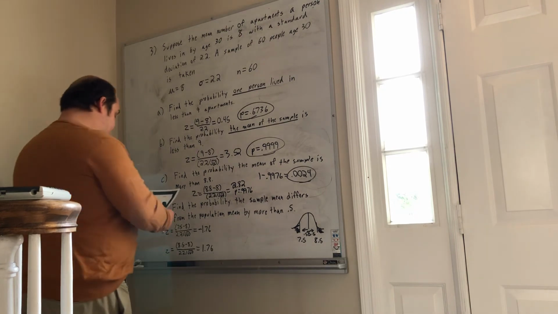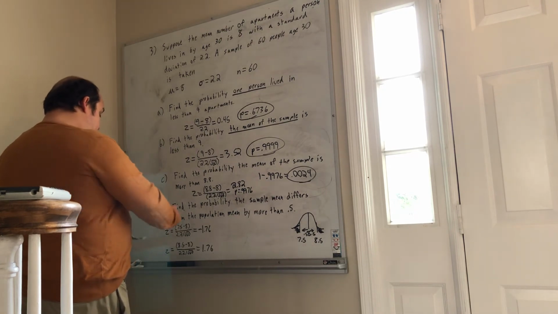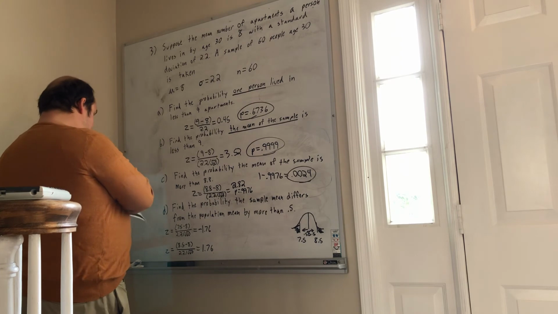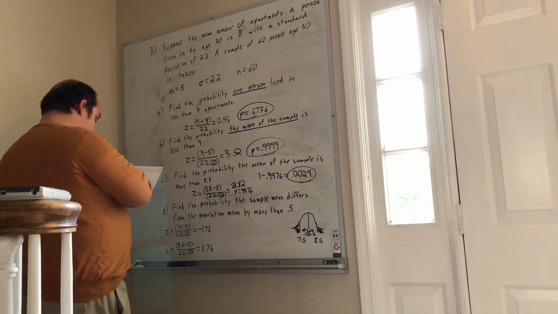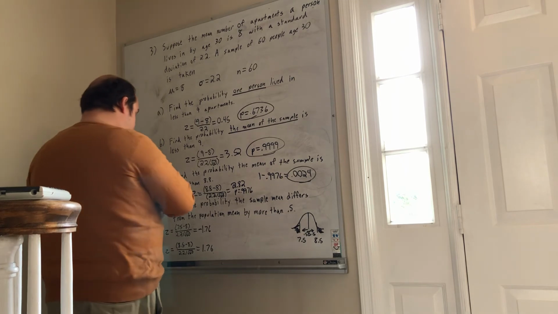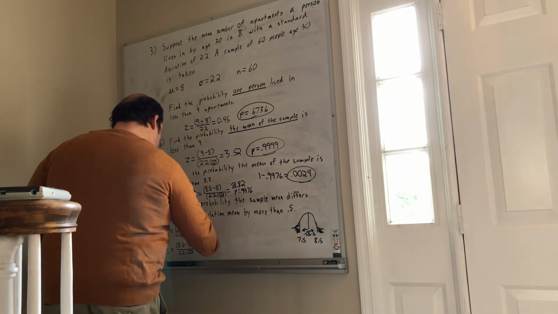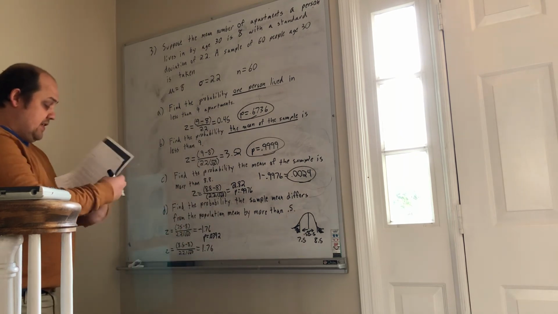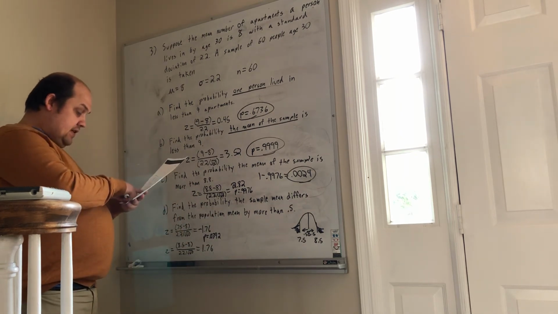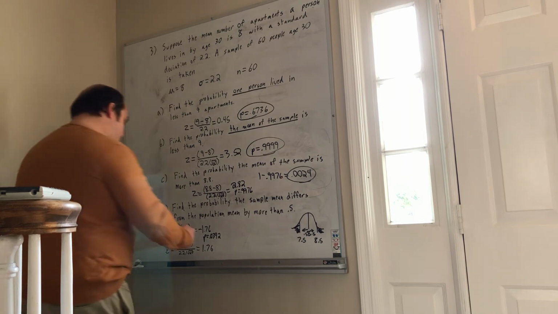If I look up the associated p-values here, the p-value for negative 1.76 is 0.0392. The p-value for 1.76 is 0.9608.